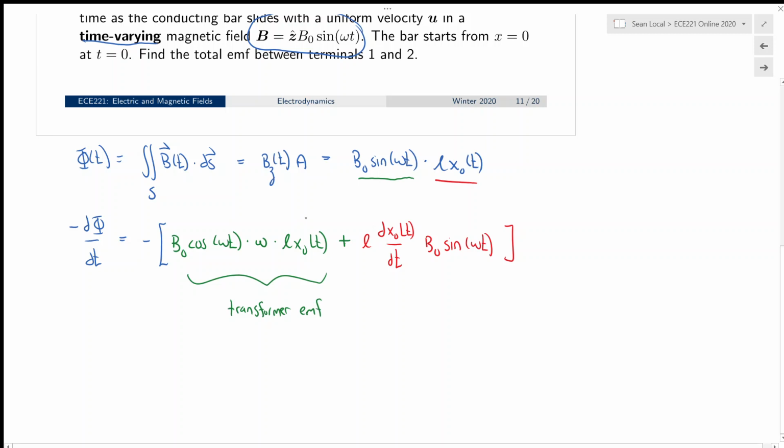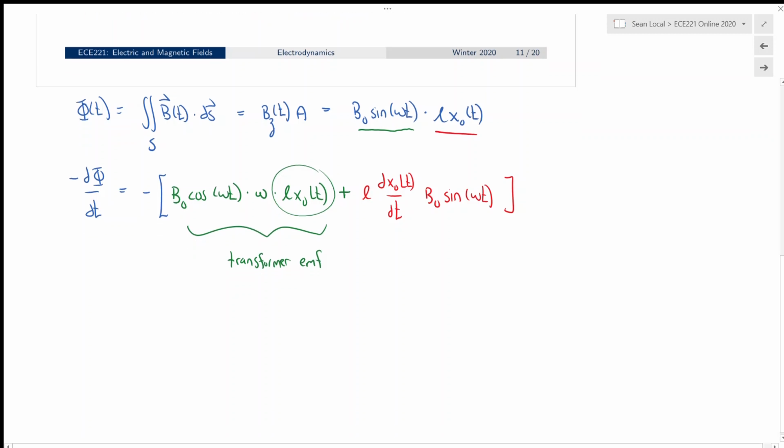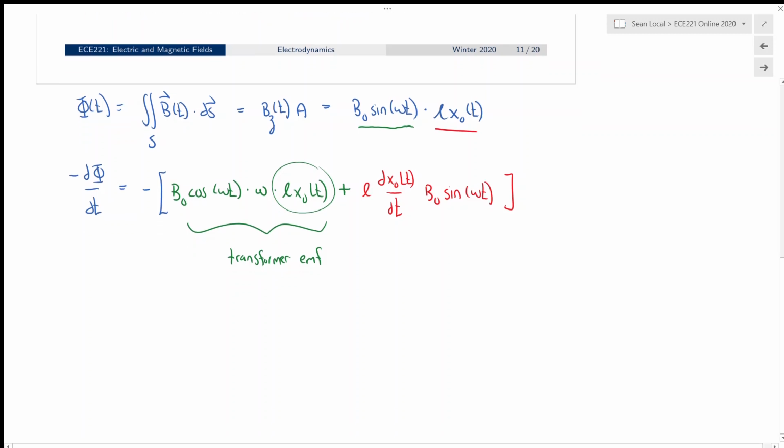The loop area is over here, and it's the time-varying nature of the B field that is causing this particular component of the EMF to arise. We have defined previously the transformer EMF as the negative surface integral of the partial derivative of B, because B could potentially vary with both space and time, dot dS.